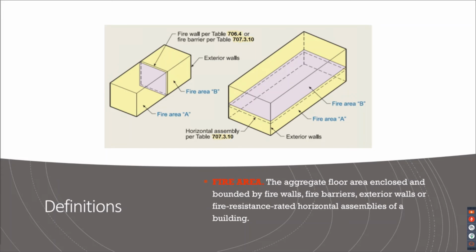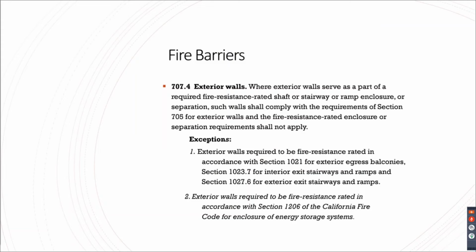It is the aggregate floor area enclosed and bounded by firewalls, fire barriers, exterior walls, or fire resistance rated horizontal assemblies of the building. We're not getting into the details of these fire areas, but in the CFC, you'll find some more information of when these might be needed. If you have them, you need to go here in the code to determine the requirements for those fire areas.